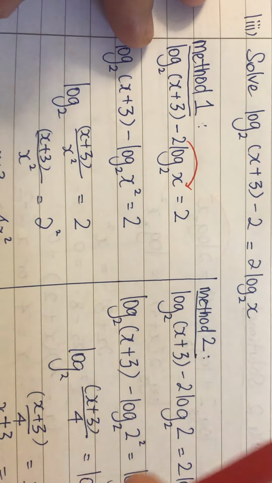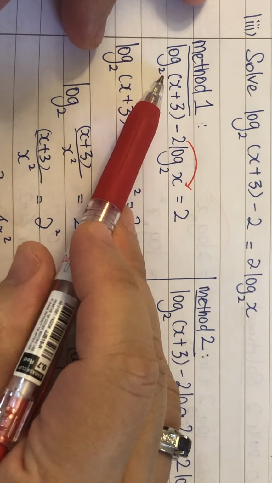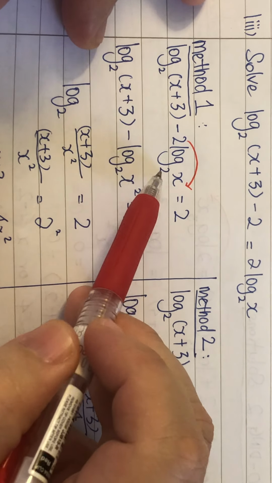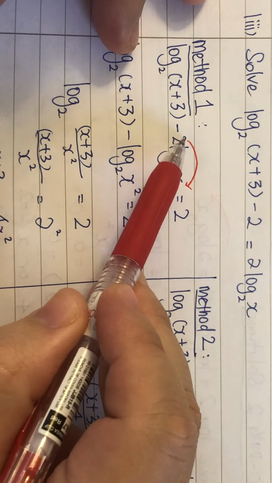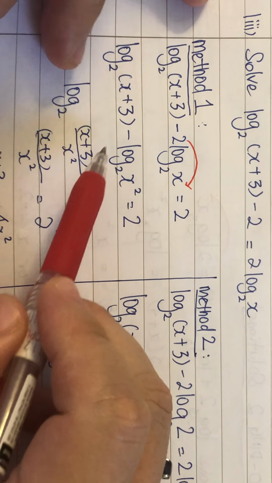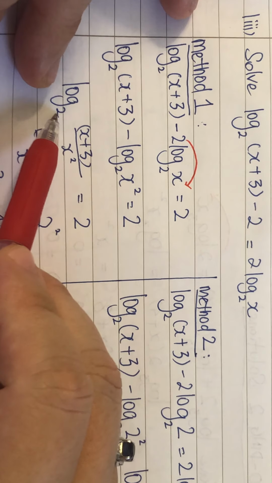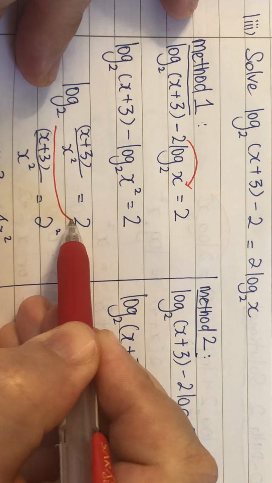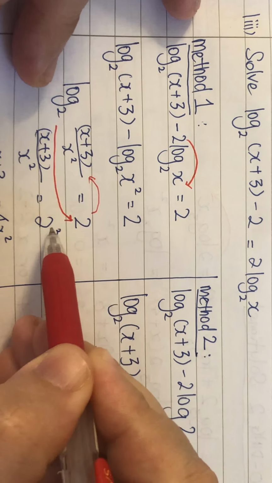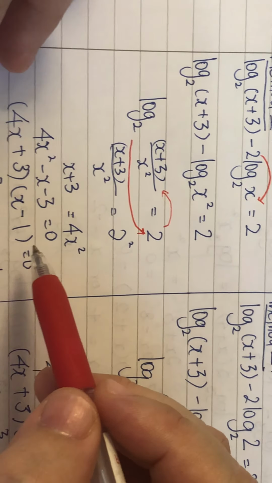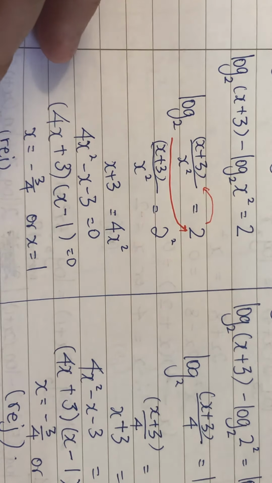Now, once the two logs have the same base, which they originally already have, and the coefficient of log is 1, I can combine these together, and then using 2 to the power of 2 equals to this, then I solve, and get the answer. And I double check.